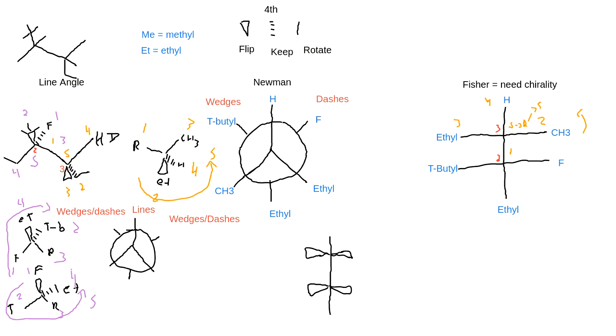Okay. So fluorine number 2, T-butyl number 3, R group number 3, or sorry, T-butyl number 2, R group number 3, ethyl number 4.